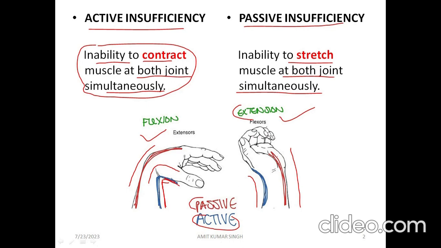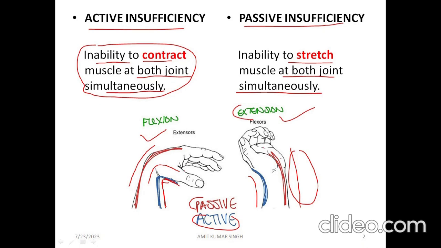The reason is that we cannot extend the MCP, PIP and DIP joints, because we have already stretched the extensor muscles on wrist extension. The muscle is already in such a stretched state that it cannot perform further action on the other joints. That is known as passive insufficiency.